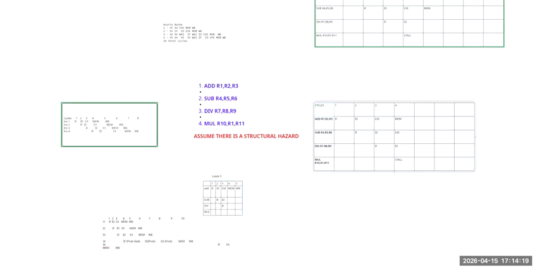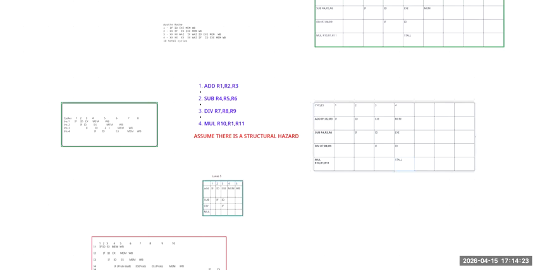So the stall, the pipeline pauses. And in the fifth cycle, instruction 1 goes into the write back stage, instruction 2 into the memory access stage, instruction 3 into the execution stage.